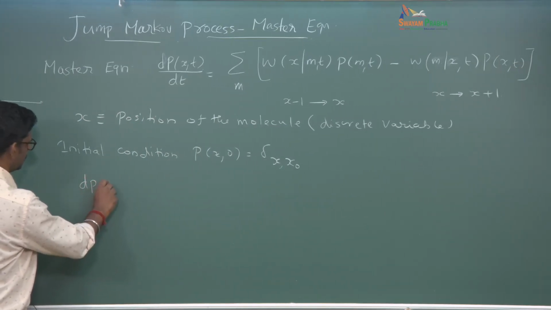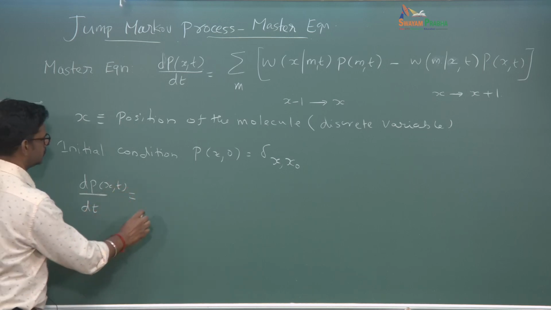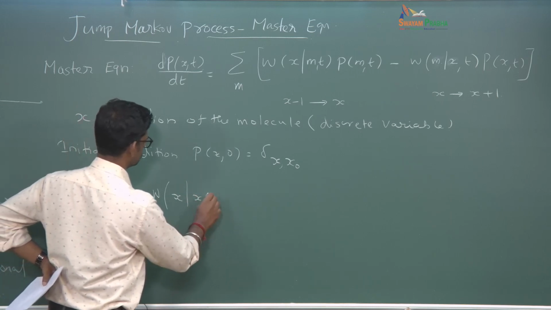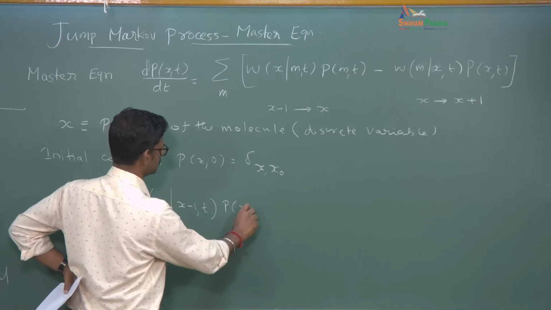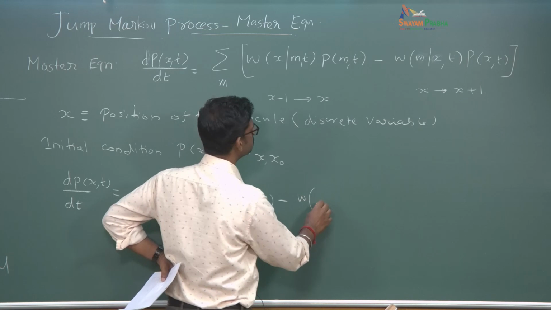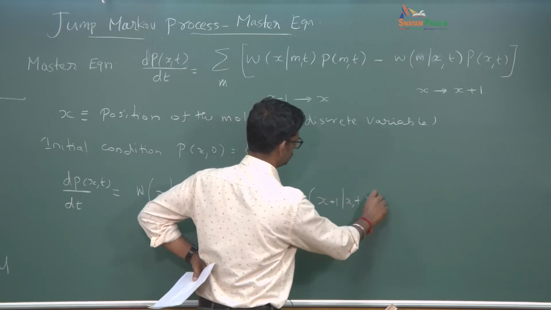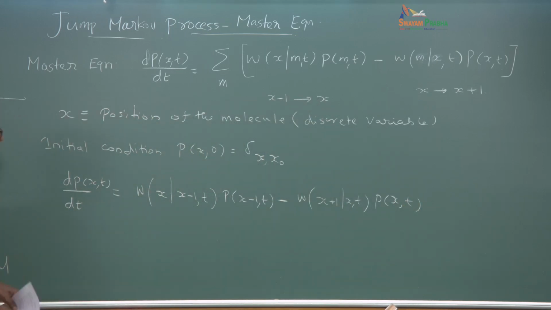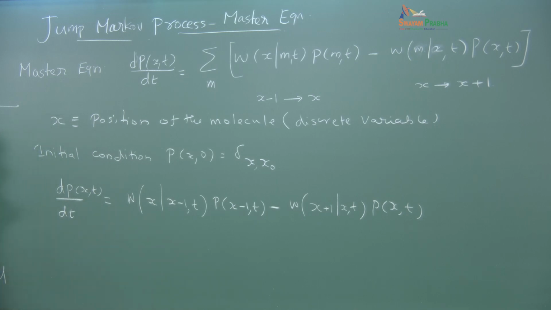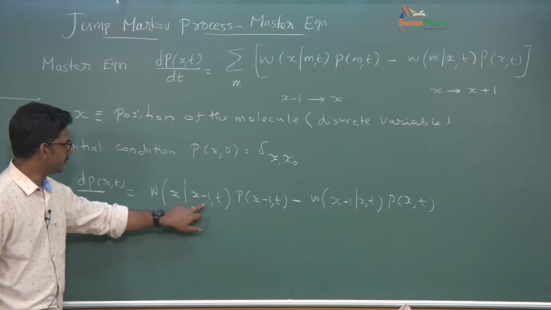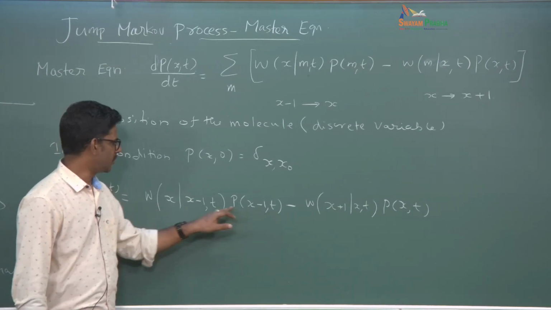So we have dP. We have this term only when m is equal to x minus 1, because from x minus 1 it can take a unit jump to go to x, times the probability of finding at x minus 1.